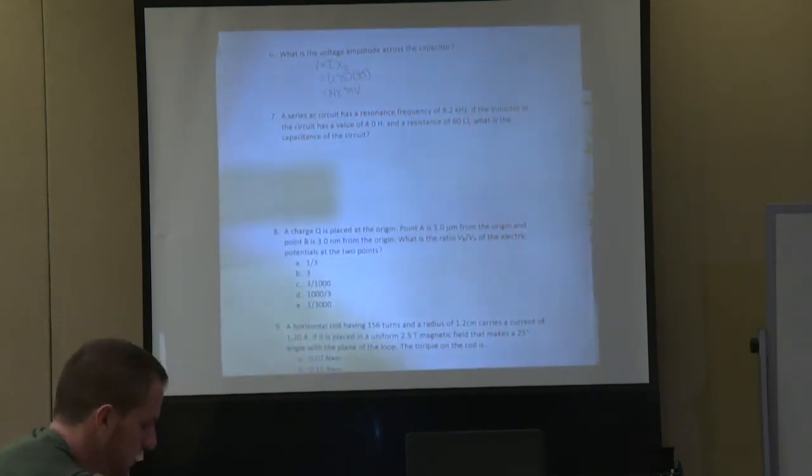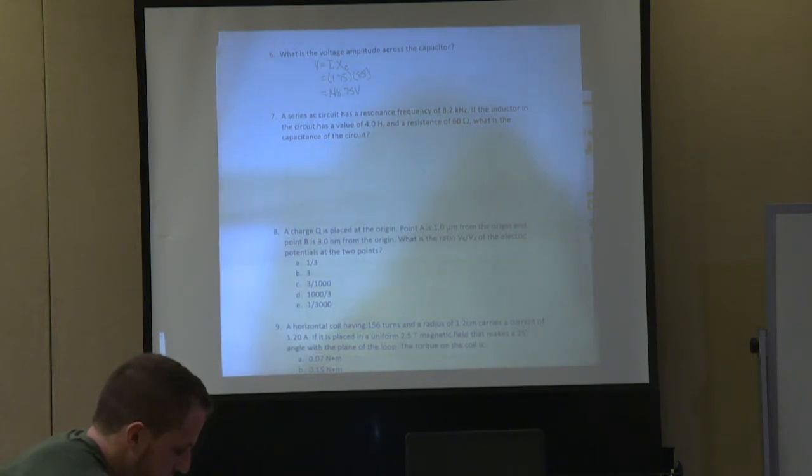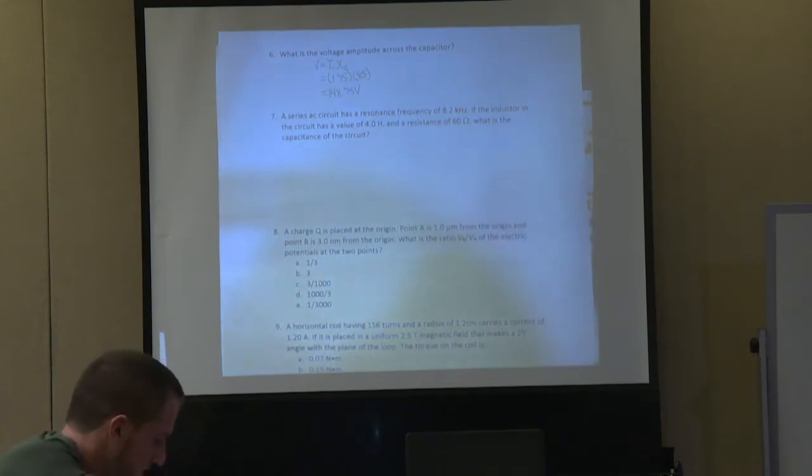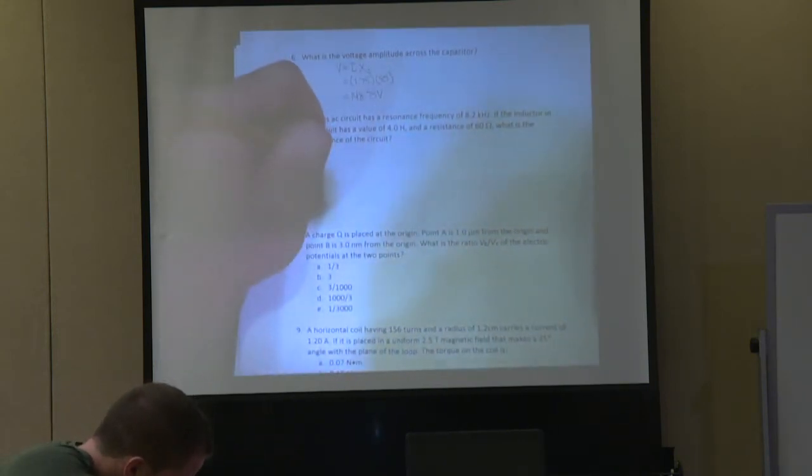Moving along, a series AC circuit has a resonance frequency of 8.2 kilohertz. If the inductor in the circuit has a value of 4 henries and a resistance of 60 ohms, what is the capacitance of the circuit? So the formula for resonance frequency looks like this.